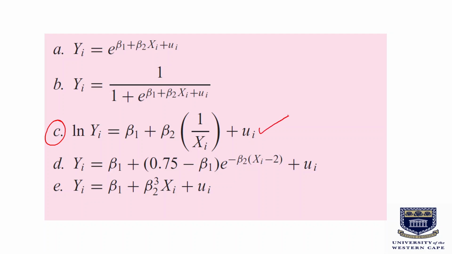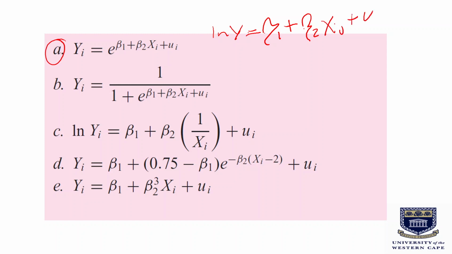Now let's look at A. Well, we've seen this one before, and we said that should we take the natural log of both sides, we end up with natural log of y equals beta 1 plus beta 2 xi plus ui. And this model is linear. So under transformation, A becomes linear in parameters.